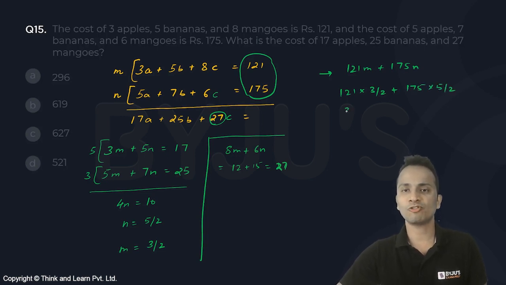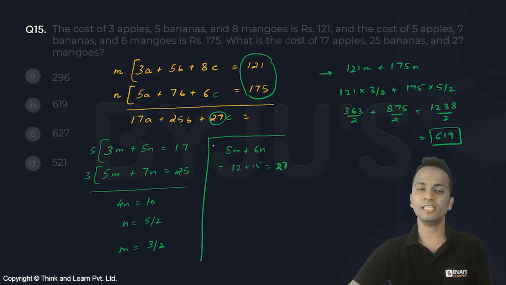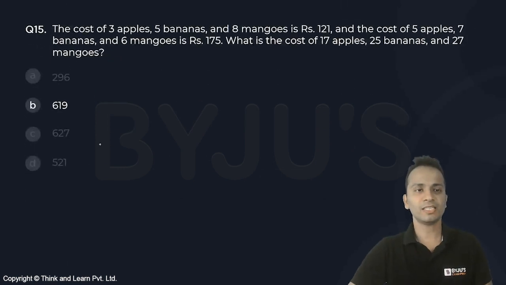That is 363 upon 2 plus 875 divided by 2. That comes out to be 1238 divided by 2, which is 619. So 619 will be the value of the third set of variables, and that is among the options. The correct answer is option B.